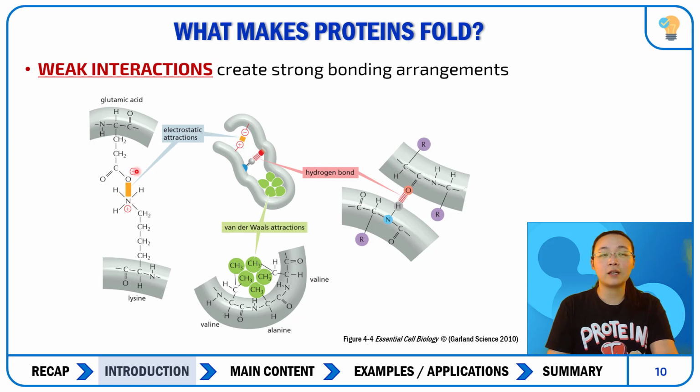So there's a negative and positive area throughout the protein that are going to interact with each other. Next, you have van der Waals attractions between close distance atoms and molecules. And finally, you have the hydrogen bond, which we've studied a lot of. A combination of all these weak interactions will create a strong bonding arrangement for every single protein, which makes them unique.